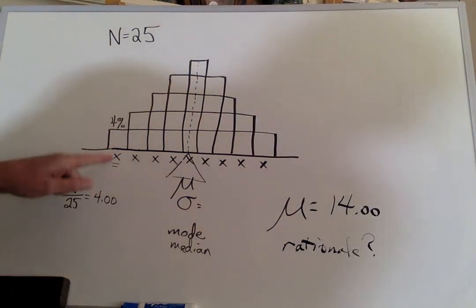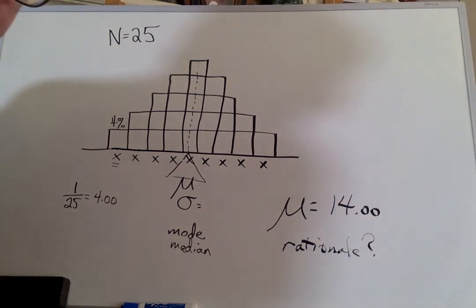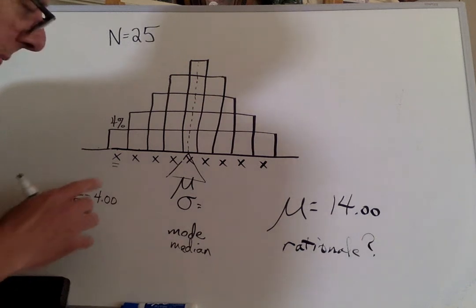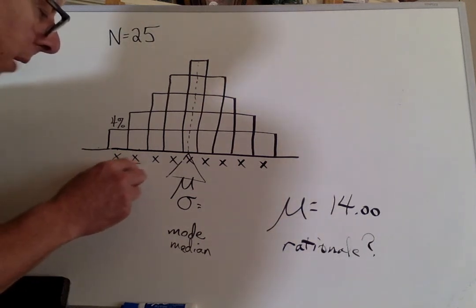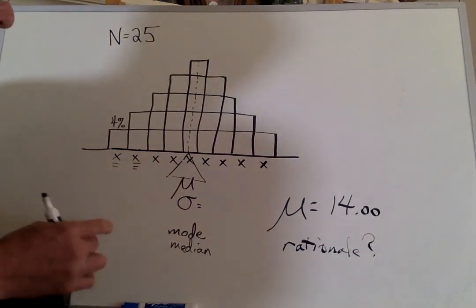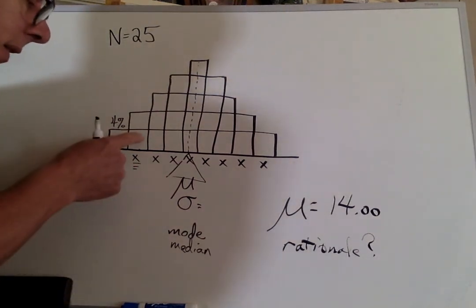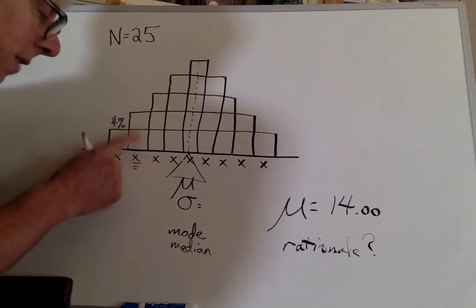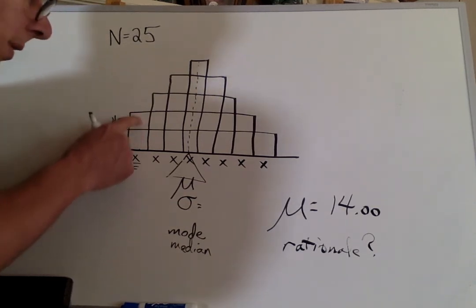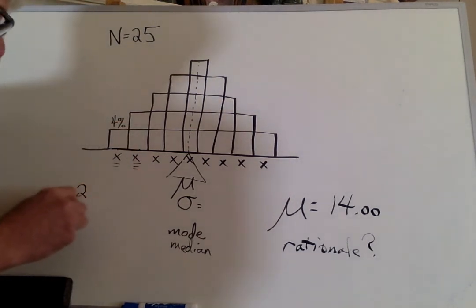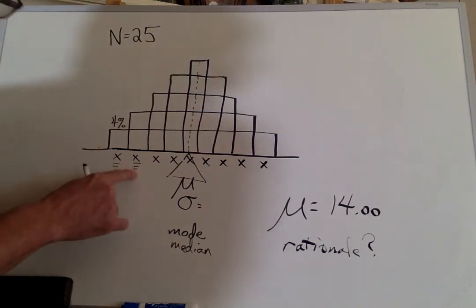Then we're going to pick out a block with this number. Okay? What's the probability that we would pick out a block with this number? Well, I'm not asking what's the probability of picking this block. The probability of picking this block is 4%. But there's two blocks with this number. There's two blocks out of 25 with this value on it.